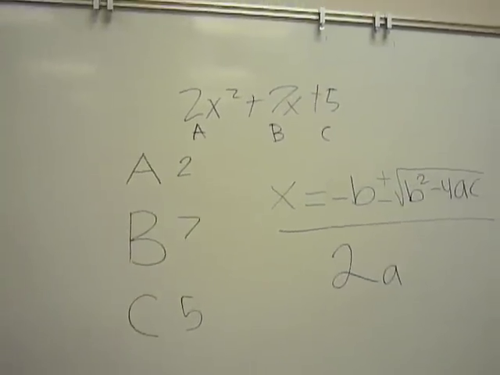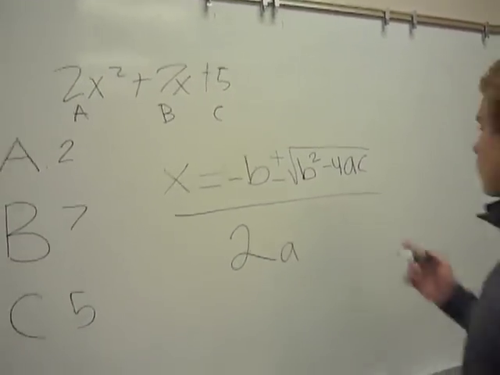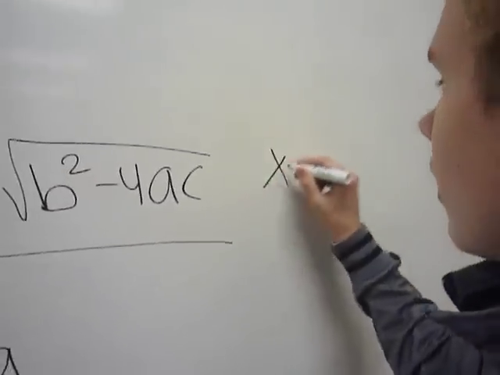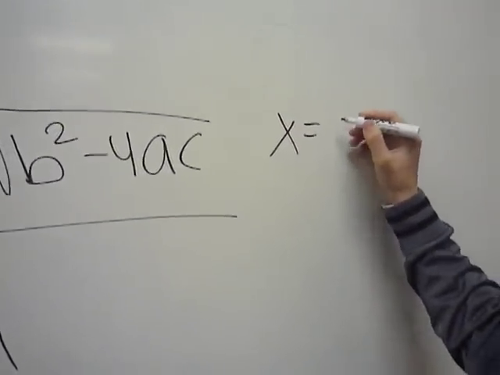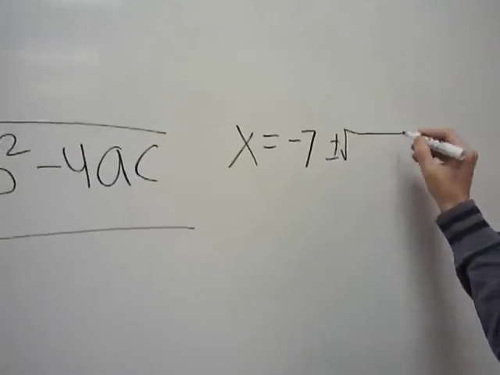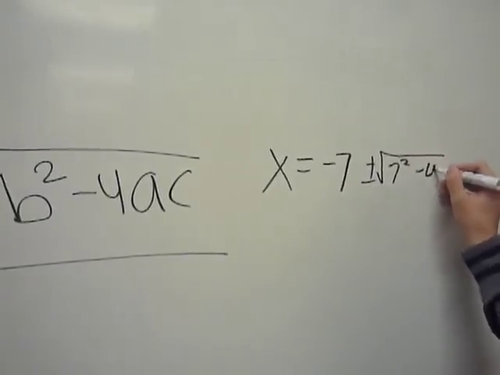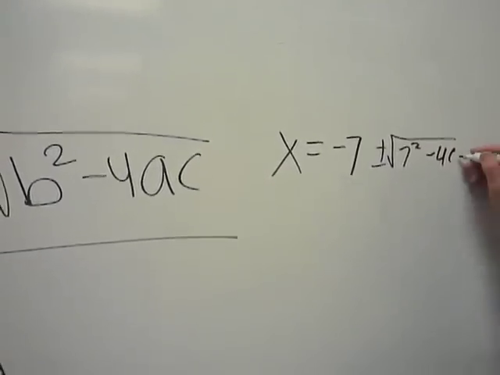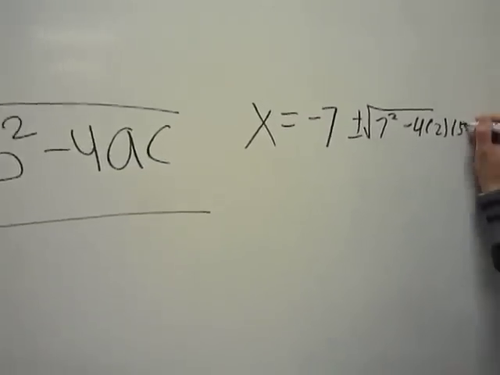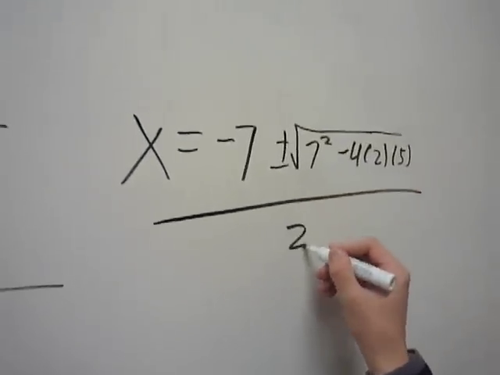Now Daniel will explain how to solve this. So, come over here, Taran, please. X equals negative 7 plus or minus the square root of B squared, which is 7 squared, minus 4, and then in parentheses you have 2, and then C, which is 5, and it's all over 2A.